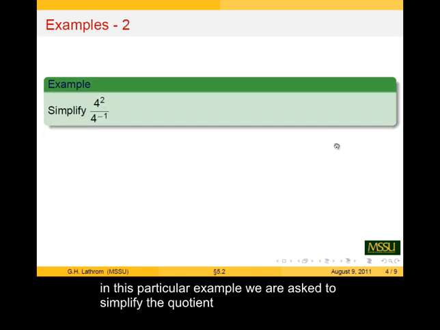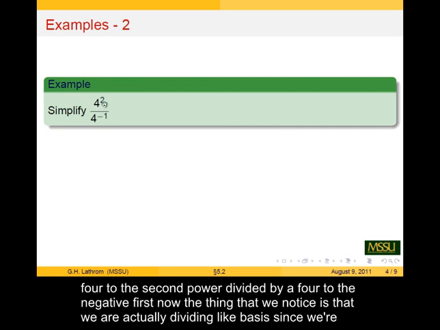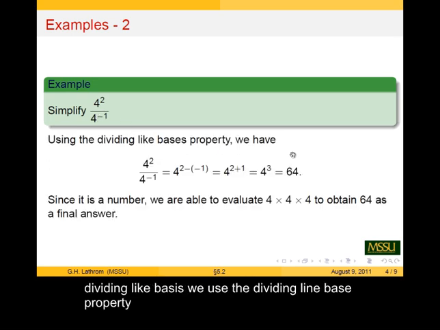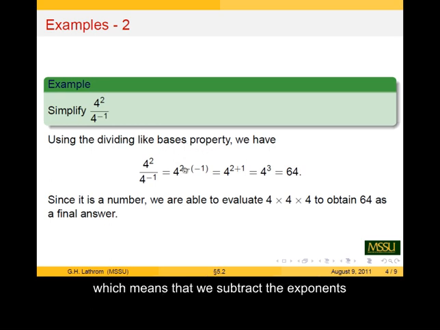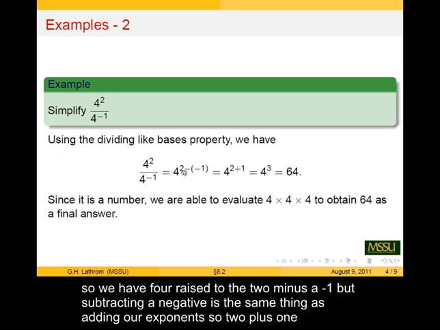In this particular example, we are asked to simplify the quotient 4 to the second power divided by 4 to the negative first power. The thing that we notice is that we are actually dividing like bases. Since we're dividing like bases, we use the dividing like bases property, which means that we subtract the exponents. So we have 4 raised to the 2 minus a negative 1.